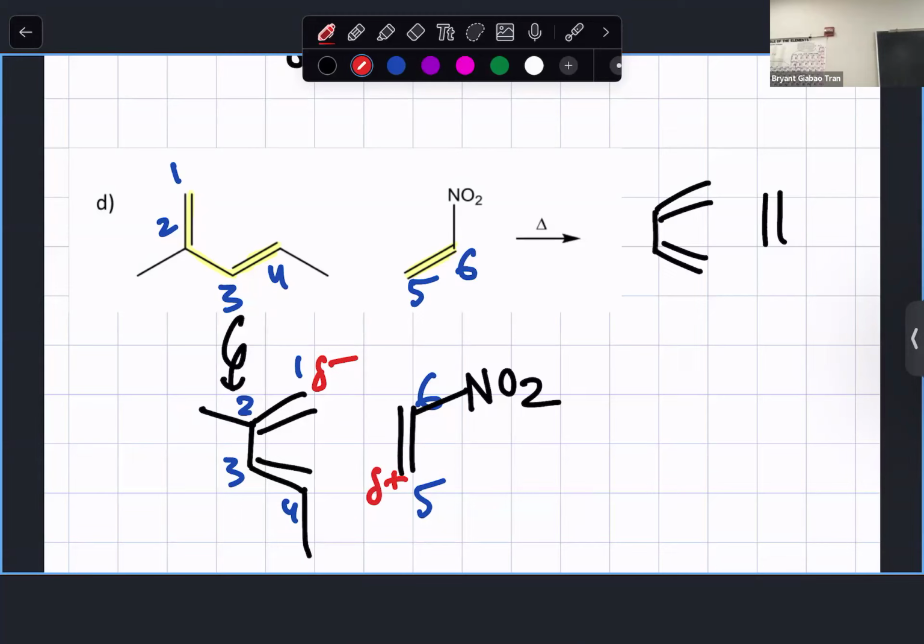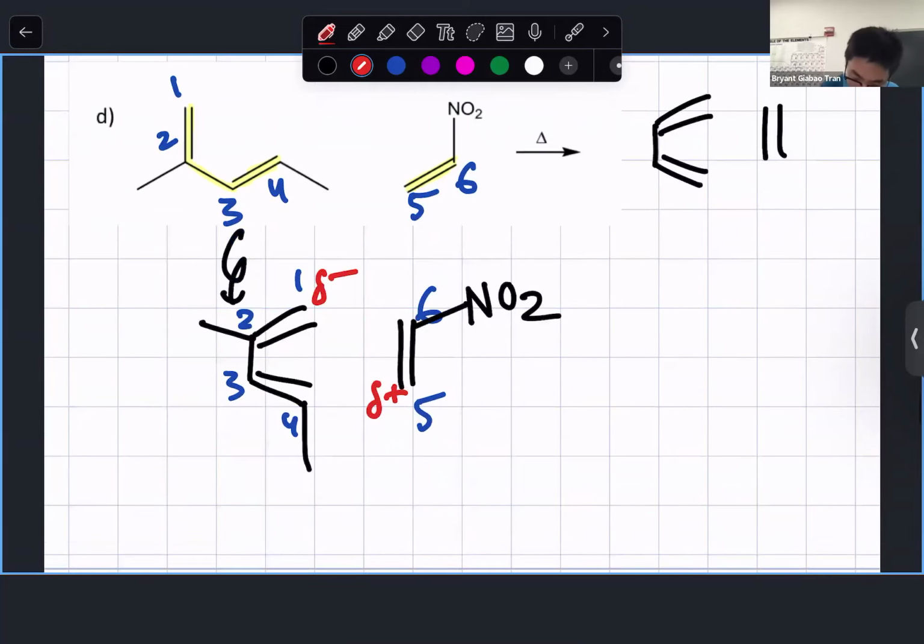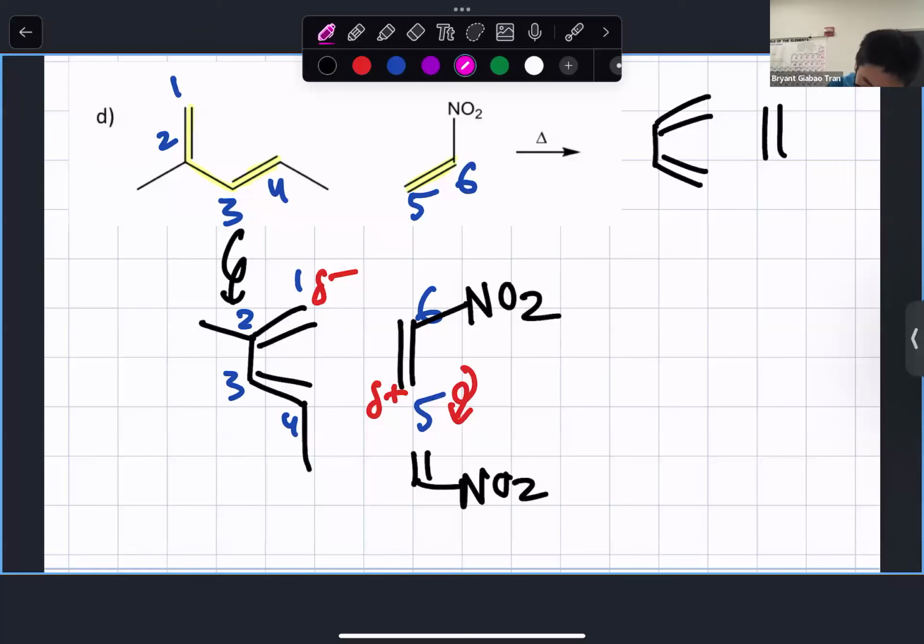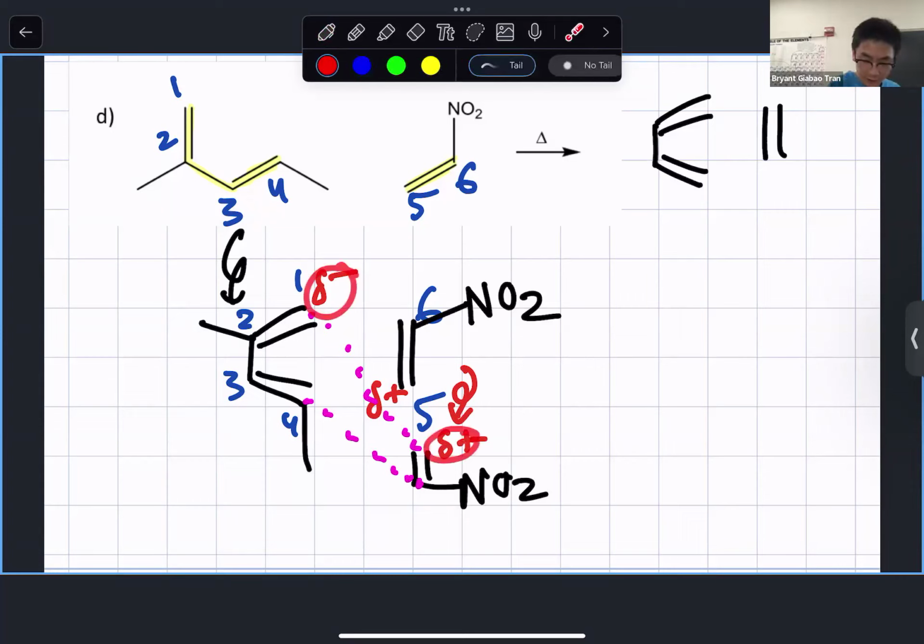But I drew it in the wrong orientation, so I'm just going to flip the dienophile upside down to align the charges. Right. So let's flip that dienophile upside down. Put the NO2 down there. Now the charges will align because the negative charge here will be aligned with that positive charge. We can go through with the regular mechanisms.